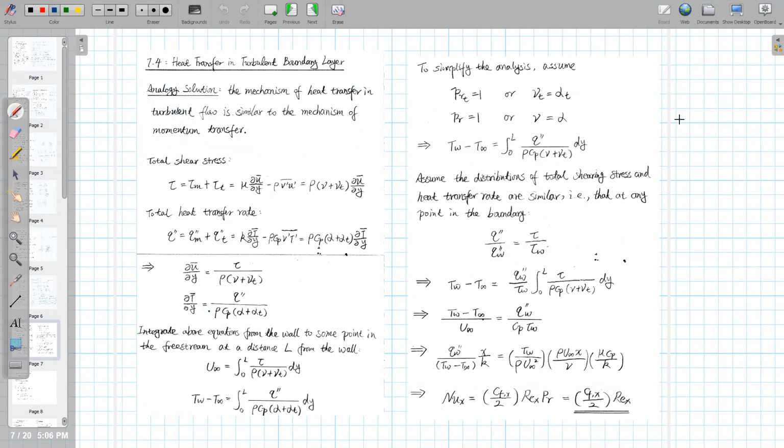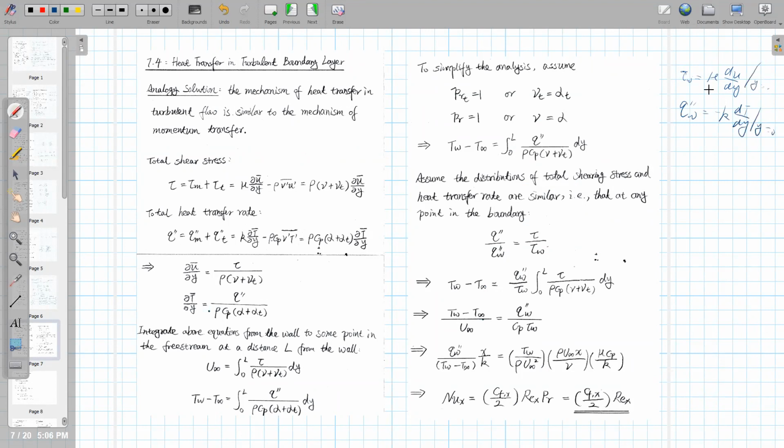Basically we consider that there is an analogy between tau W equal to mu du/dy, and q'' W equal to minus k dT/dy at y equal to 0.